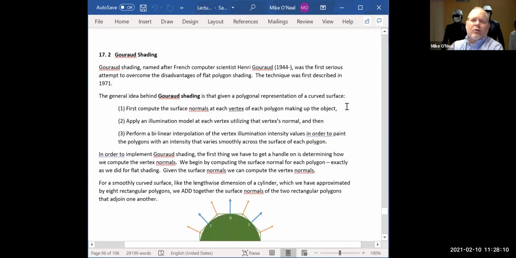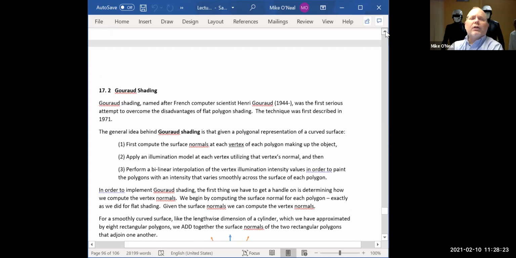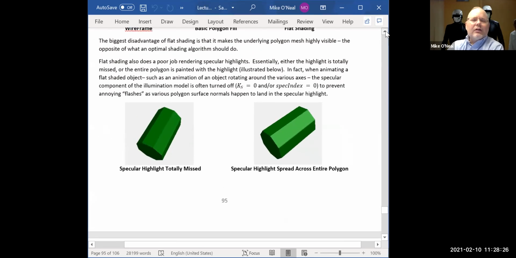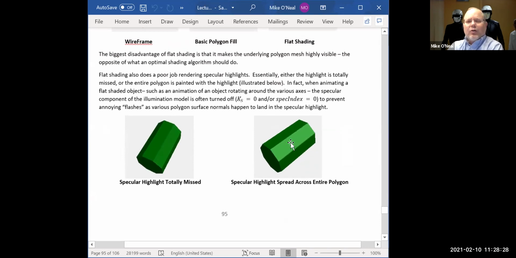So what do I do with these surface normals that I have at my vertices, my vertex normals? Well, I apply an illumination model, generally the Phong illumination model, at each vertex using that vertex normal. So going back a page or 2 here, whereas with flat shading, I did 1 point. I figured out the surface normal, which we've done for backface culling and all of that kind of crap, and I applied the illumination model here and got 1 color, 1 intensity that I applied to the whole polygon.